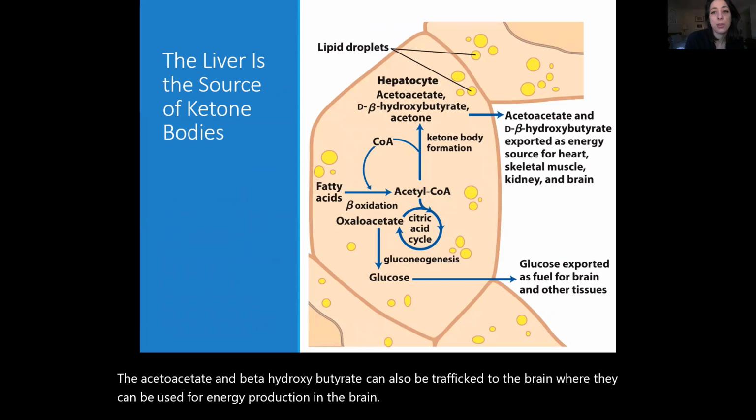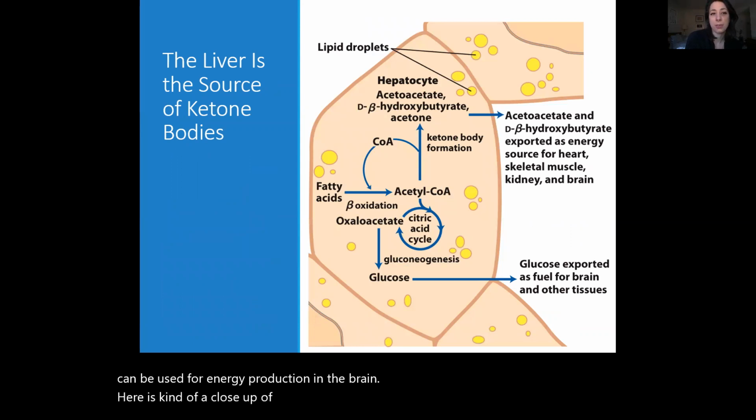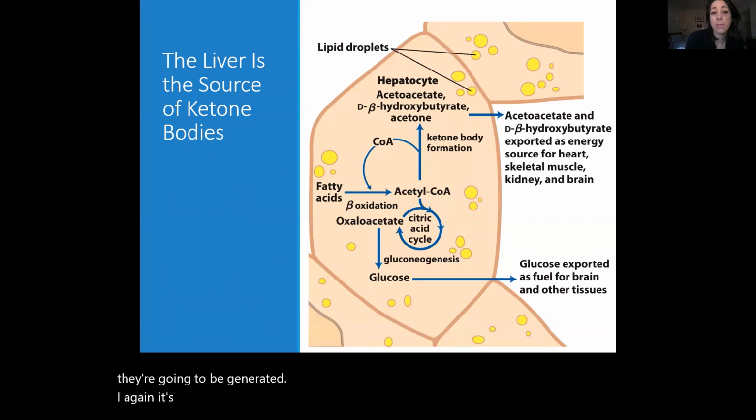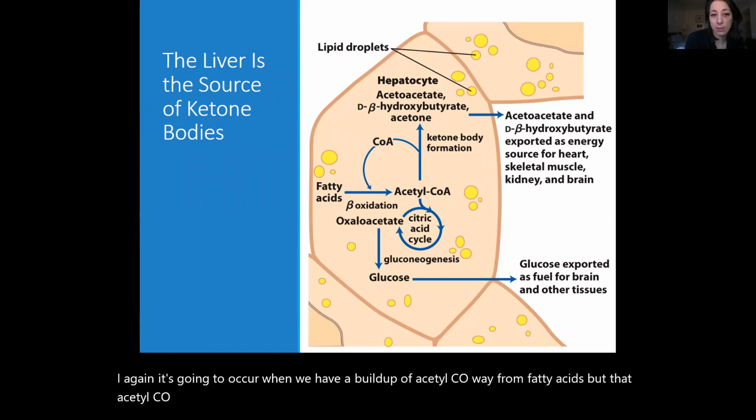So here's a close-up of that. The liver is our source of ketone bodies. This is where they're going to be generated. Again, it's going to occur when we have a buildup of acetyl-CoA from fatty acids, but that acetyl-CoA does not have enough oxaloacetate to go into the citric acid cycle.